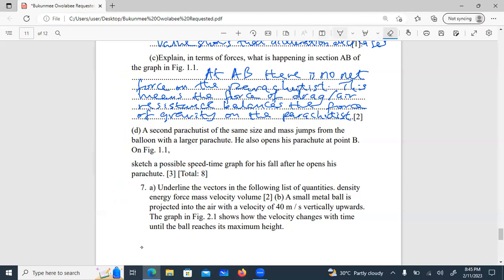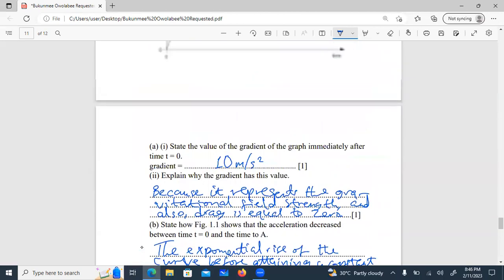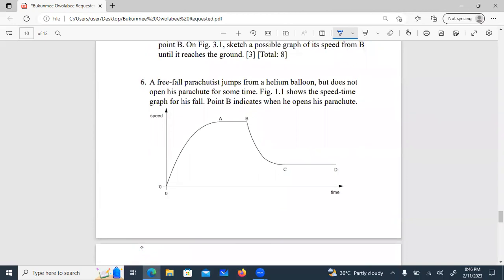Let's go to question D. A second parachutist of the same size and mass jumps from the balloon with a larger parachute. He then opens his parachute at point B on figure 1.1. Sketch a possible speed time graph for his fall after he opens his parachute. When you are using a bigger parachute, that means you attain a smaller final speed than the first parachutist.